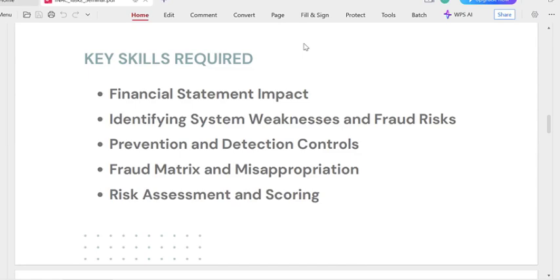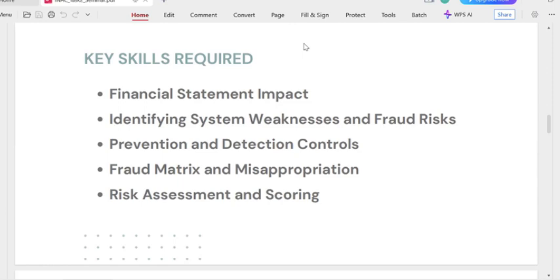The second skill we need to work on is identifying system weaknesses and fraud risks. Okay, we need to learn how we can identify system weakness and how we can identify fraud risks. We can only identify the weakness of the system if we understand the system.